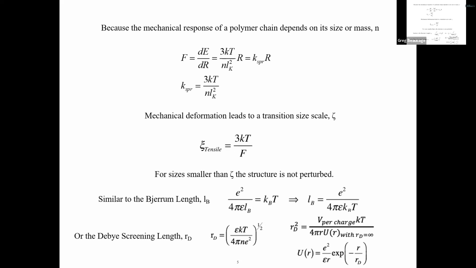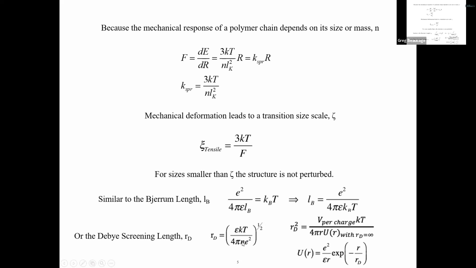Right, so there's kind of a similarity between this tensile blob and the Beaucage length, and also kind of the Debye length. But the Debye length is a little bit more complicated in how the temperature dependence goes. The idea with the Debye length is just that you have these counter ions coming in that interfere with the charges. So there's a third party. There's two charges that are affecting each other, and then there's this other charge, the counter ions, N, and they have charge E squared.